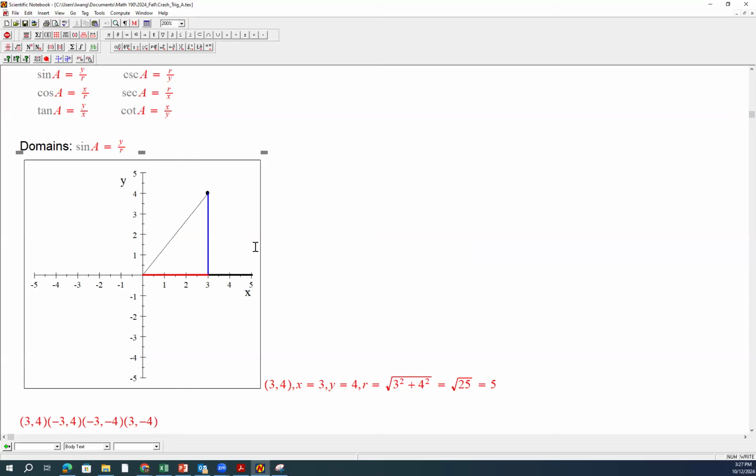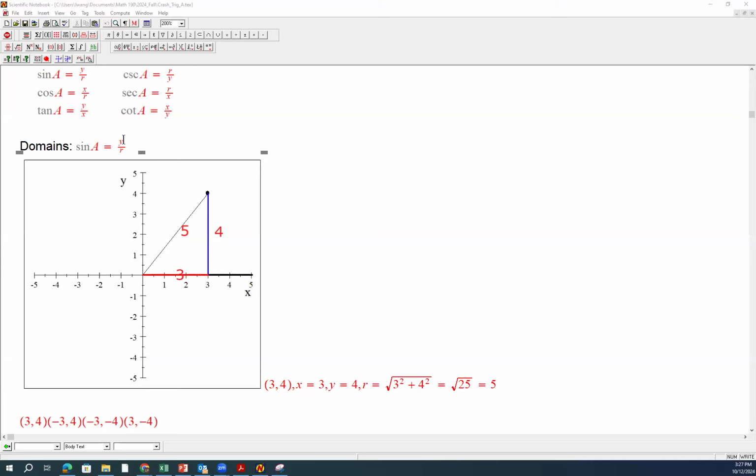So now let's see. Okay, so this is 3, and that is 4, and this is 5. So you can see the hypotenuse is always longer than the two legs, whether it's 3 or 4, or in any right triangle, the hypotenuse is always the longest.